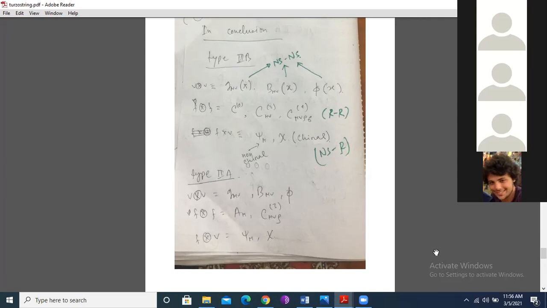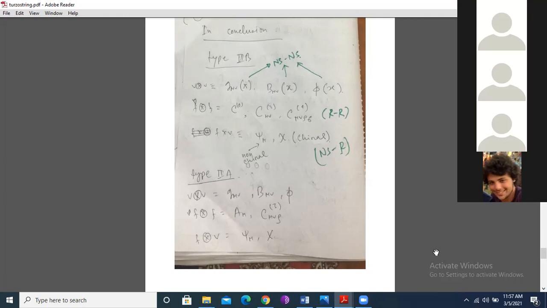For example, when we were predicting N equals 4 super Yang-Mills in D equals 4, we were compactifying the extra dimensions on an S5.